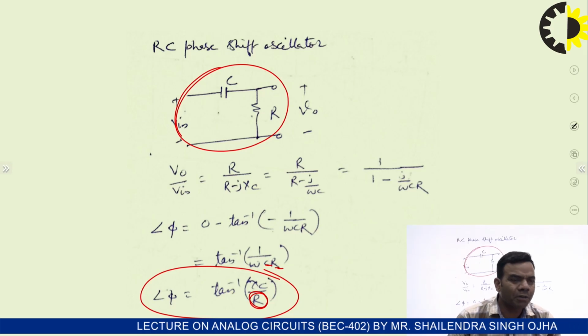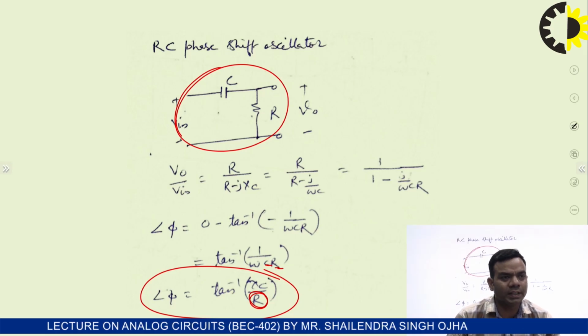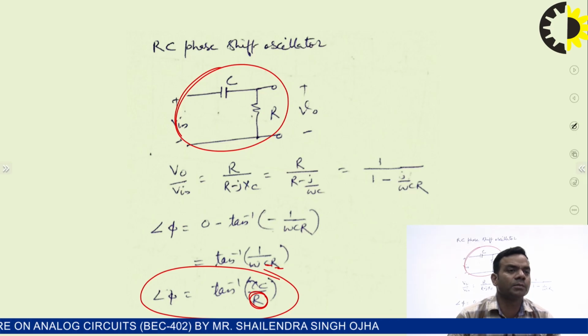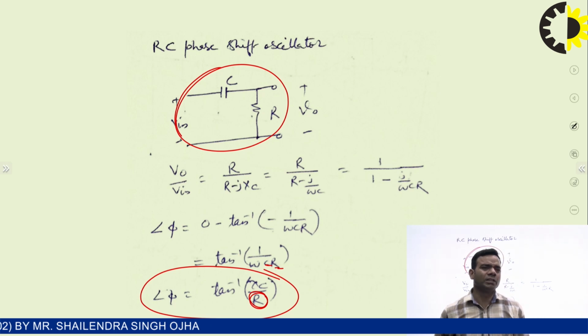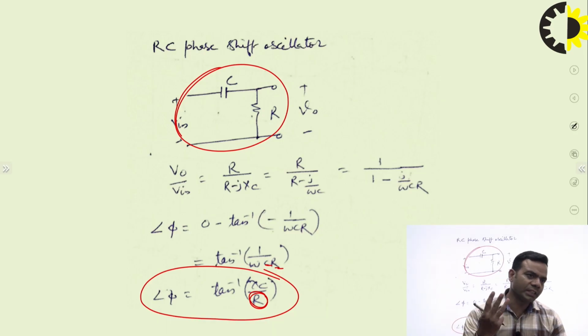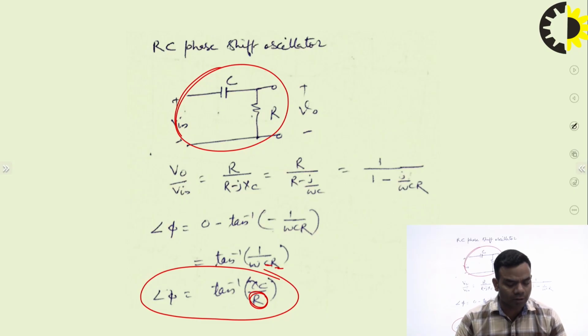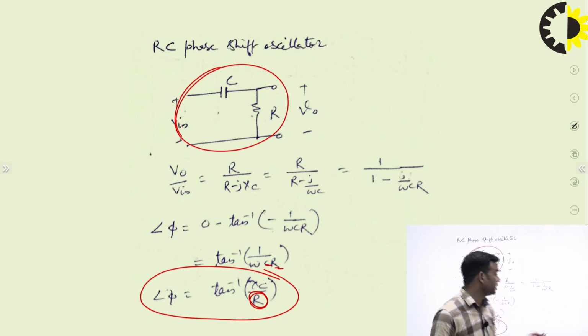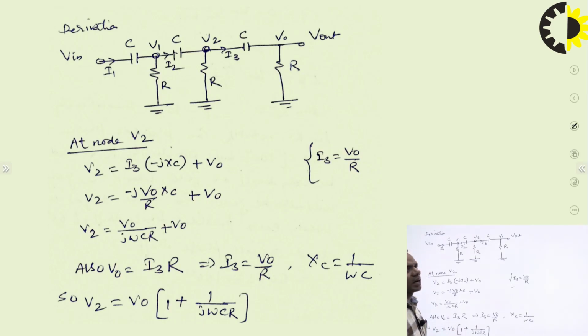But if we can obtain 180 degree with 3 RC networks, what is the need to go for more networks? Because we never want to use more components unnecessarily. One RC network will provide a phase shift of 60 degree and 3 RC networks will provide 180 degree. This is the reason that in RC phase shift oscillators, you will always see 3 RC networks.